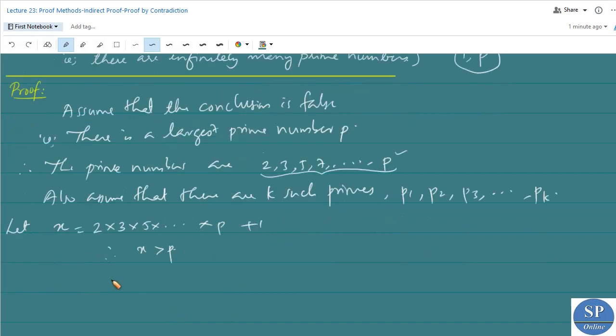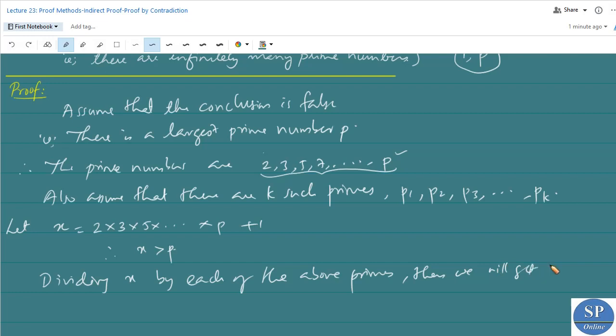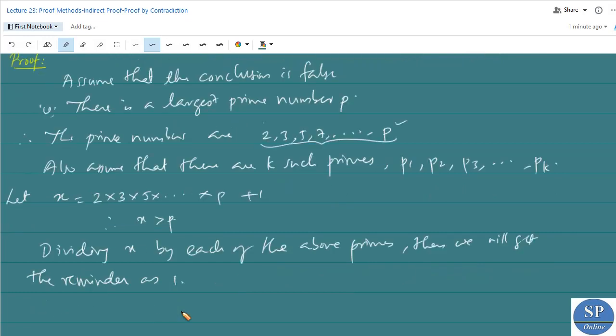Now if we divide this x by each of these primes, then we will get the remainder 1.